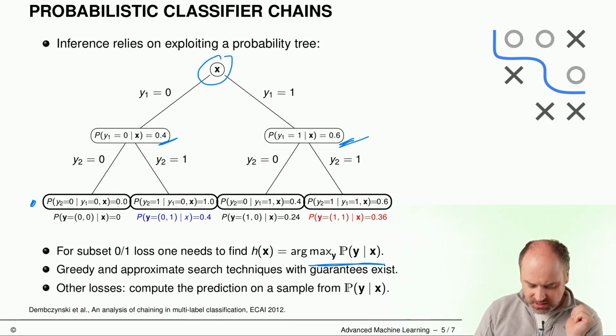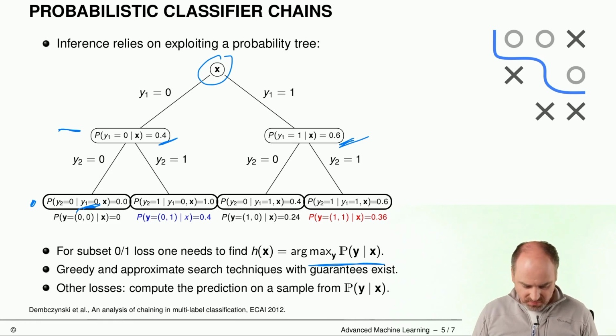So for this, we would now access our second classifier in the chain, and we would not only give it access to x, but also add to this guy here, and this guy would have to be estimated from our first guy. Okay, and by now looking at this probability tree, we can actually do inference on this.